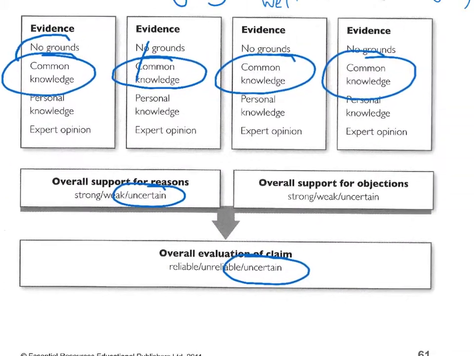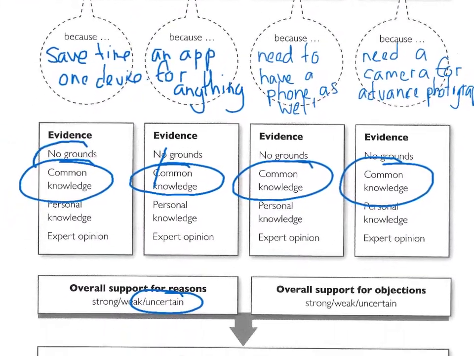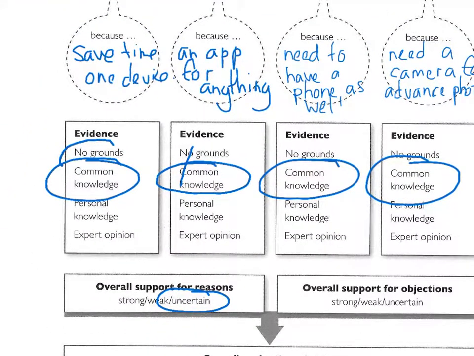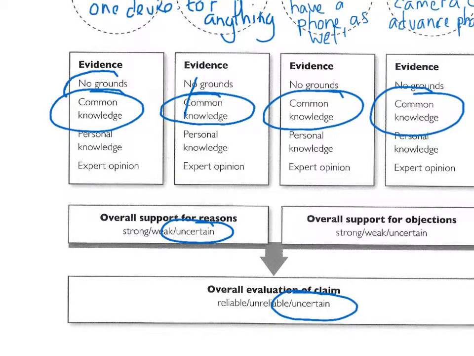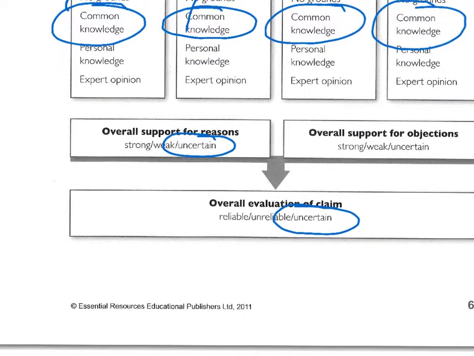Then I look at the two reasons I've given and decide, with the type of evidence, whether overall they are strong, weak or uncertain. Circle it, and same with my objections. And then I weigh up all the evidence and decide whether the evaluation claim is reliable, unreliable or uncertain.